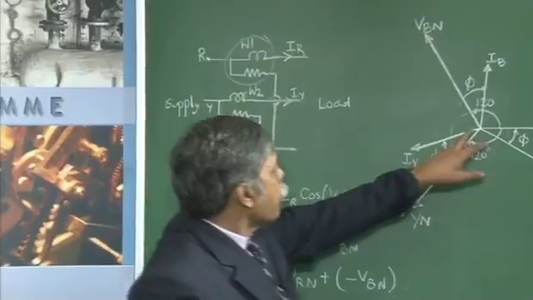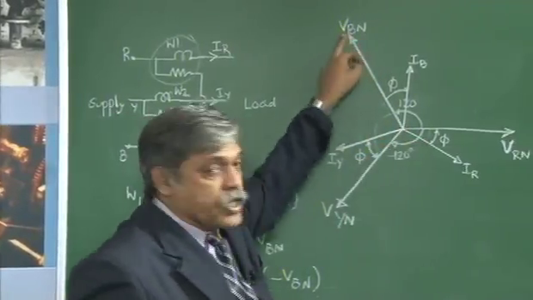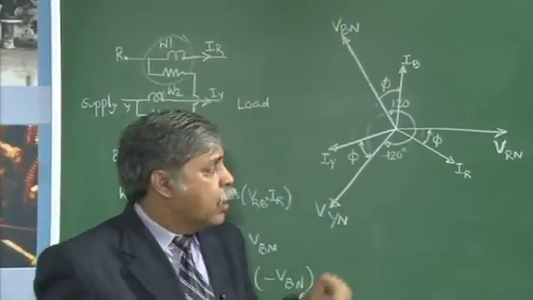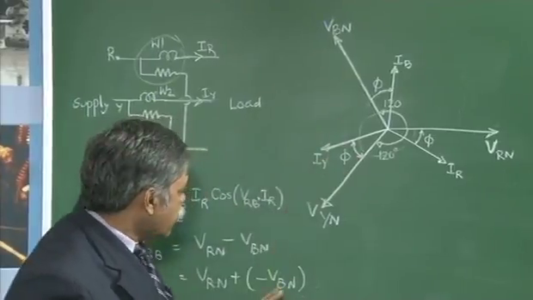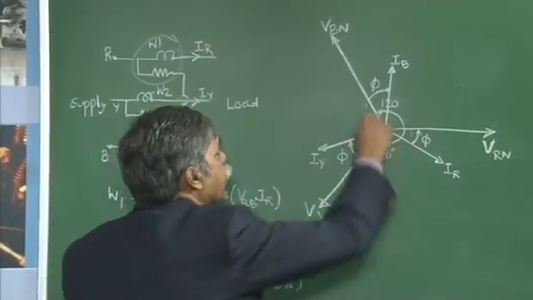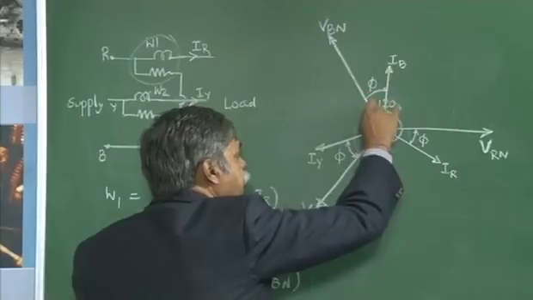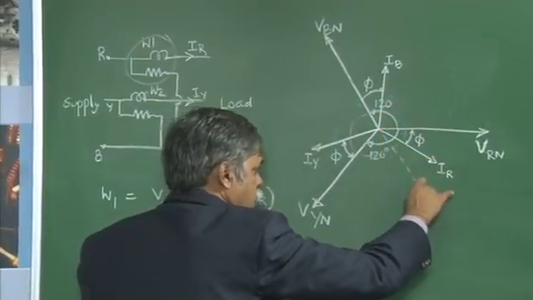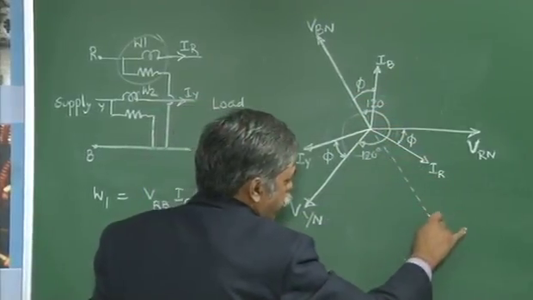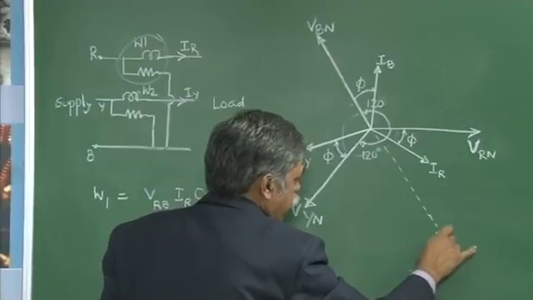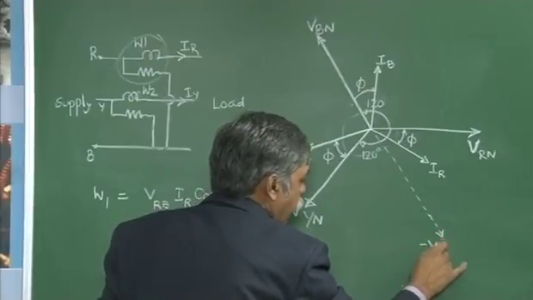So when VBN acting in that direction is positive, and when I want it as a minus VBN, I need to project this in the reverse direction. So I do it like this, projected in the reverse direction, therefore I will get minus VBN.